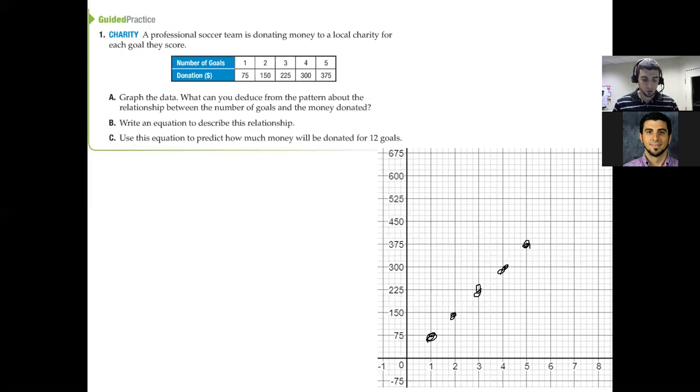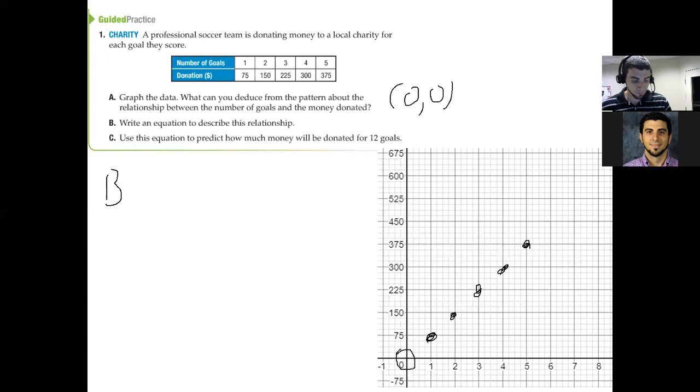So it also would be appropriate to think about the (0, 0), because in the context of the problem, if they score 0 goals, according to their commitment, they're going to donate $0. So the points appear to go in a line, and it goes through the origin. So the relationship is proportional.